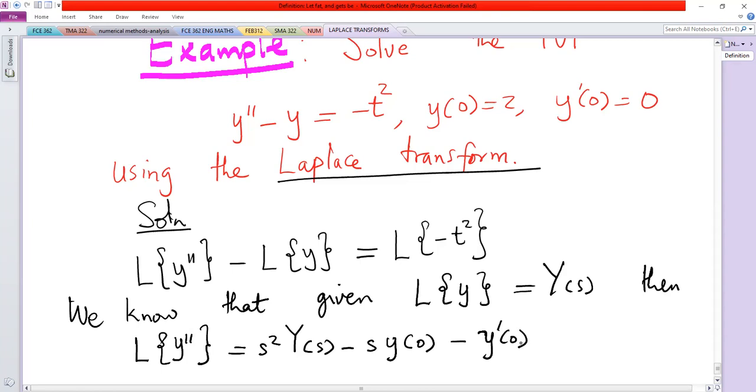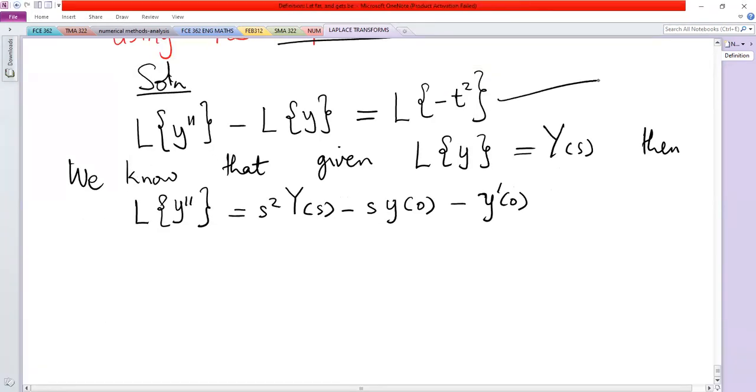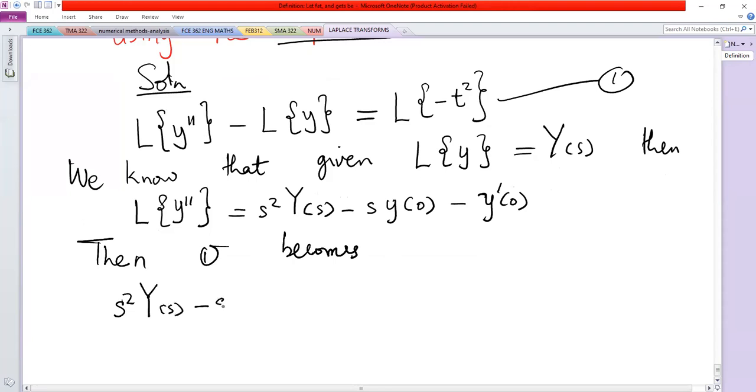This is by definition. So if we call this one equation 1, then 1 becomes: instead of writing Laplace of y double prime, we write s squared capital Y of s minus s y at 0 minus y prime at 0, and then minus Laplace transform of y, taken as capital Y of s.